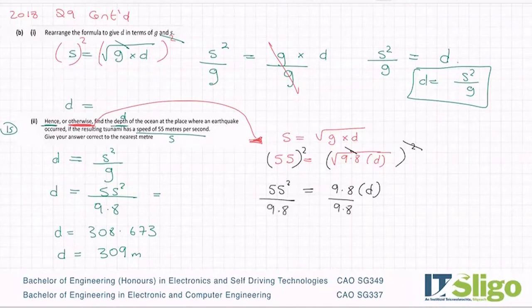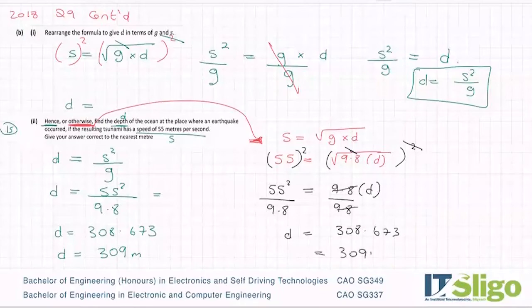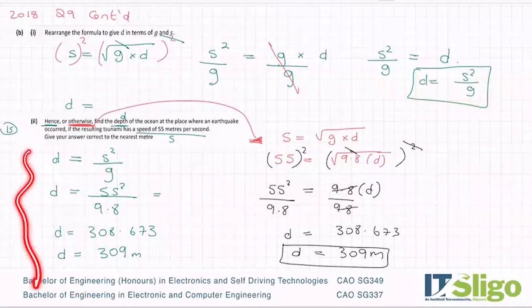Doesn't matter if you've already worked out the 55 squared, and you can see they cancel. So now I have 55 squared divided by G. You're doing formula manipulation all the time if you're able to do these sums. For some reason, students find it easier to do it with numbers rather than abstract letters. And not surprisingly, I'm going to get the exact same answer for D. So whichever way you felt more comfortable with, going back to the original formula, or using formula manipulation if you were lucky enough to be able to do it, you can work it out that way.